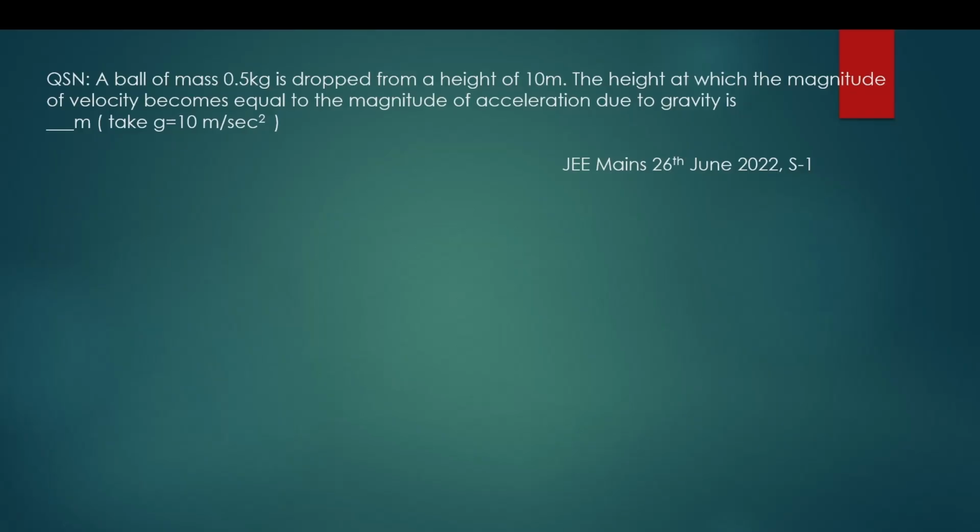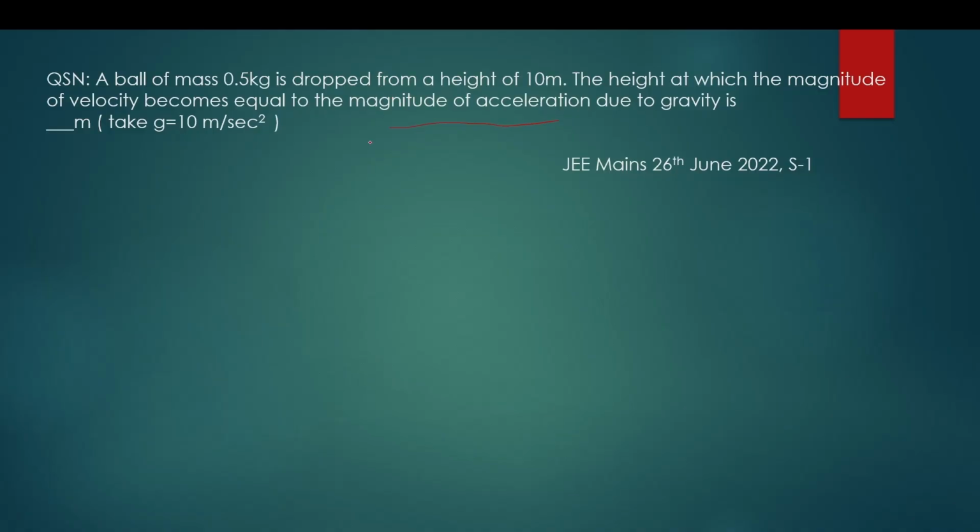Alright, so the next question is: a ball of mass 0.5 kg is dropped from a height of 10 meter. The height at which the magnitude of velocity becomes equal to the magnitude of acceleration due to gravity is dash meter. It is a very important and also tough question, because you may not have an idea about the magnitude of acceleration and the magnitude of velocity.